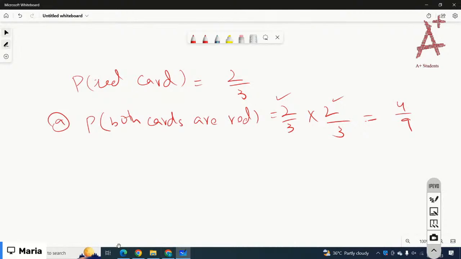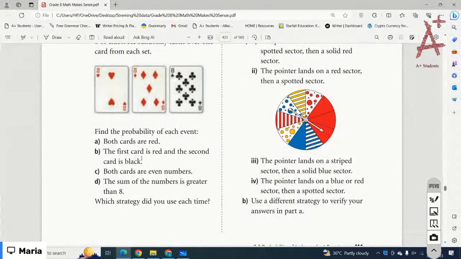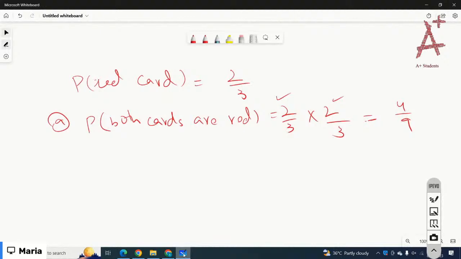Okay, the B part is the first card is red and the second card is black. So you have to calculate the probability of a red card.